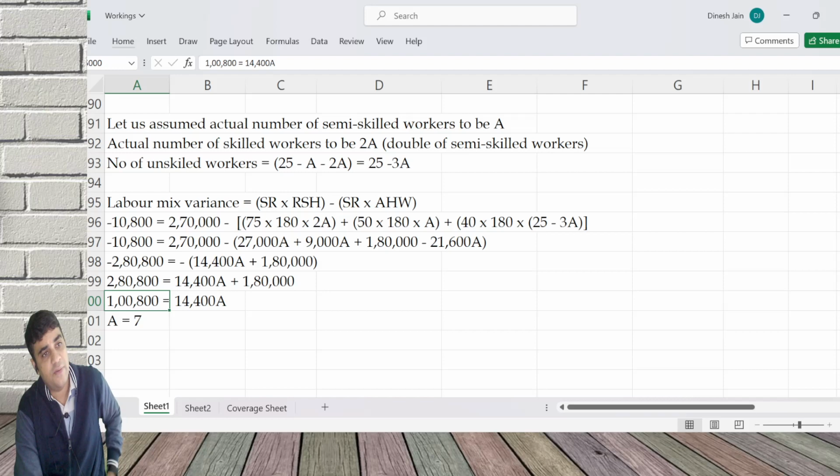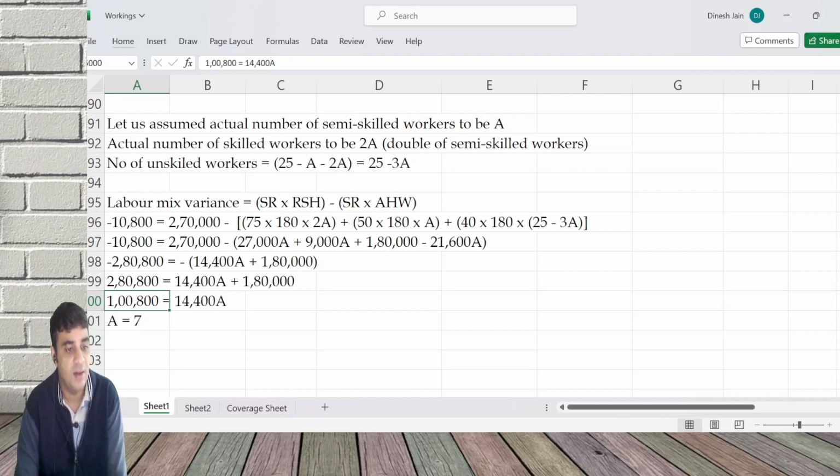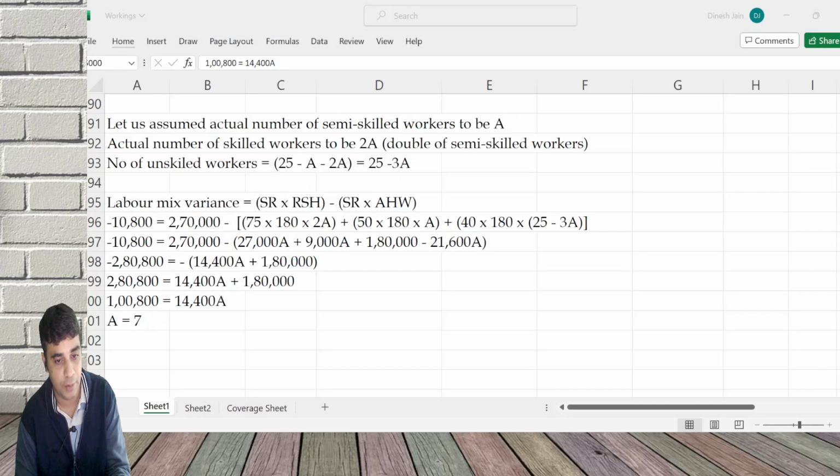A equal to 7 means the number of semi-skilled workers is 7. Skilled will be double of 7, which is 14, and unskilled will be 4. Once this is done, the problem is almost over.